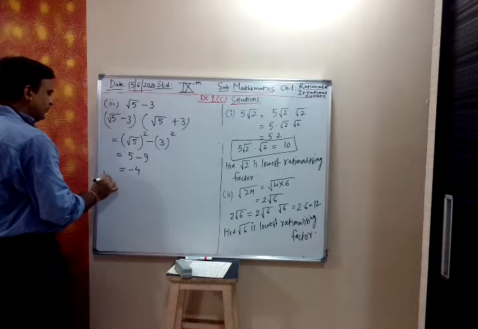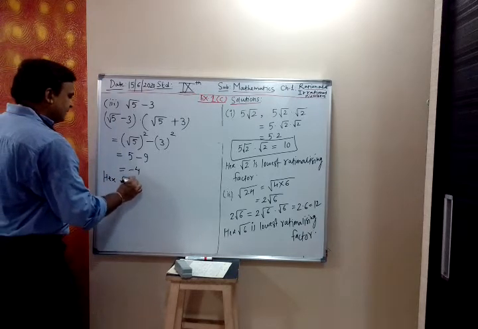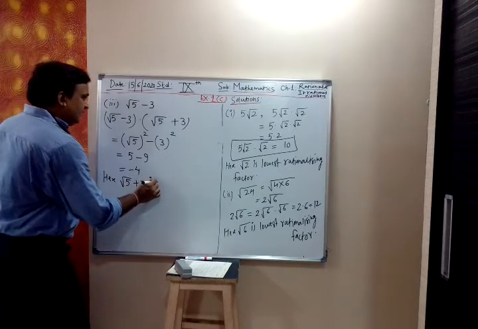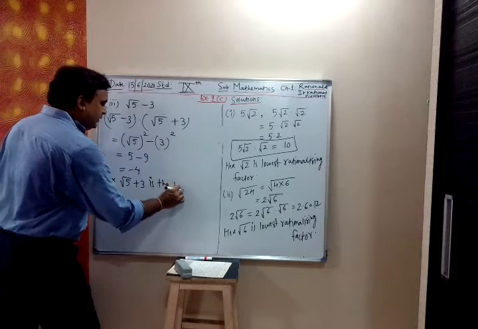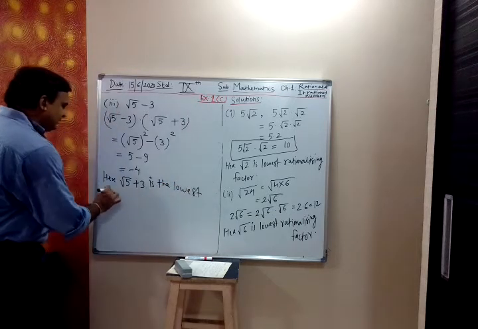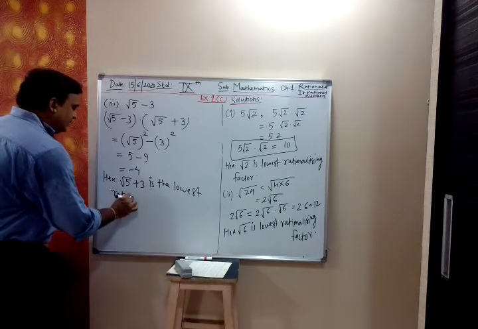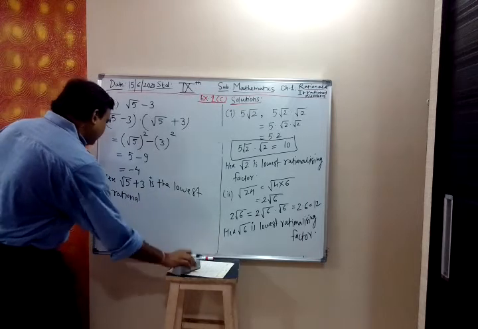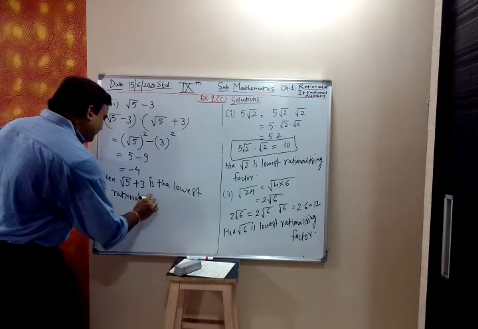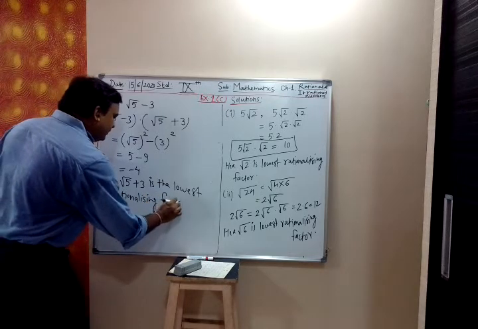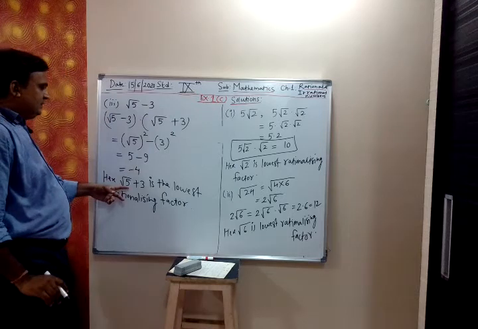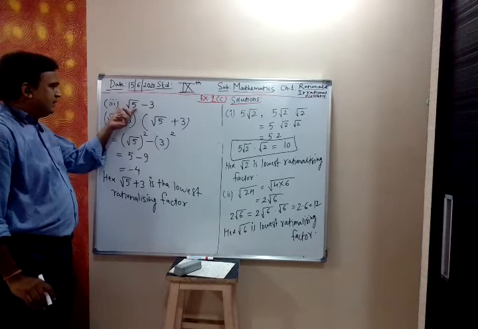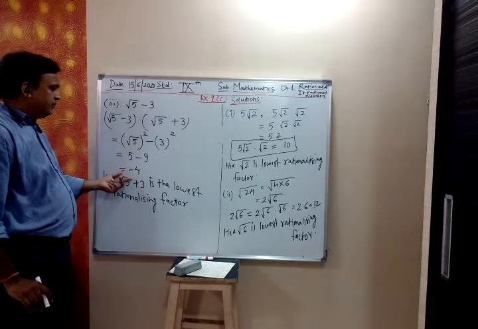So here root 5 plus 3 is the lowest rationalizing factor. That means the rationalizing factor is that factor by multiplying the given number, the irrational part is removed.